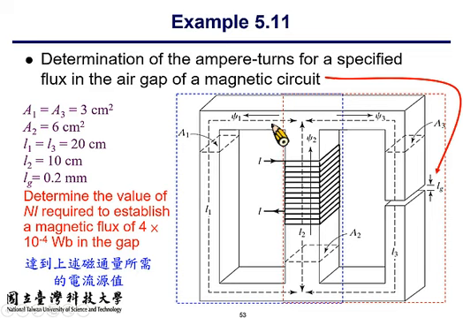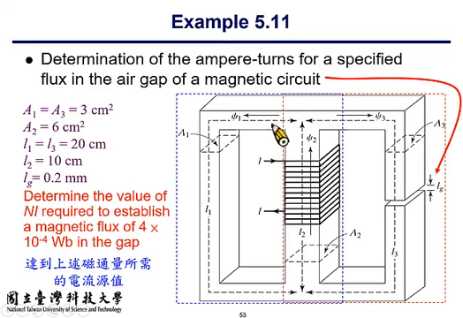Note that on the right-hand side, the 3rd leg has a tiny air gap in the middle, which has a length of 0.2 millimeter, a relatively small one.